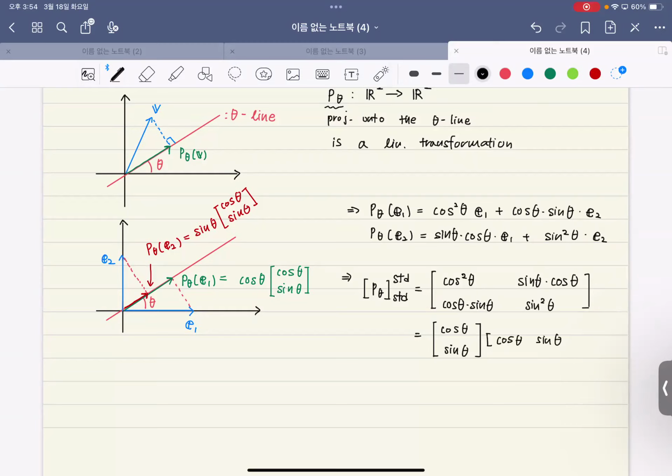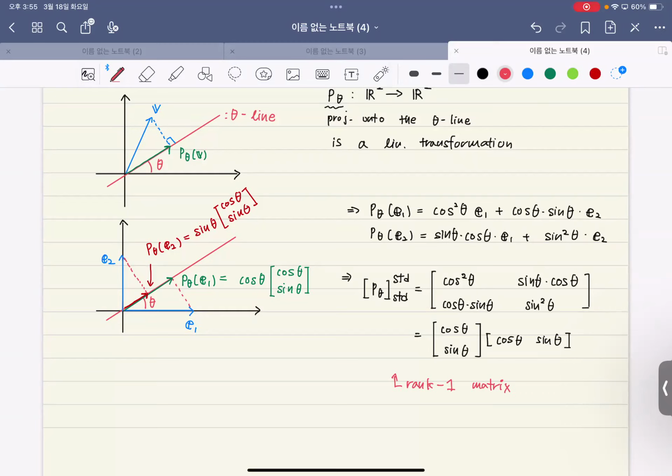Yeah, right. So this is a rank 1 matrix. A rank 1 matrix, by its nature, is not a full rank matrix.